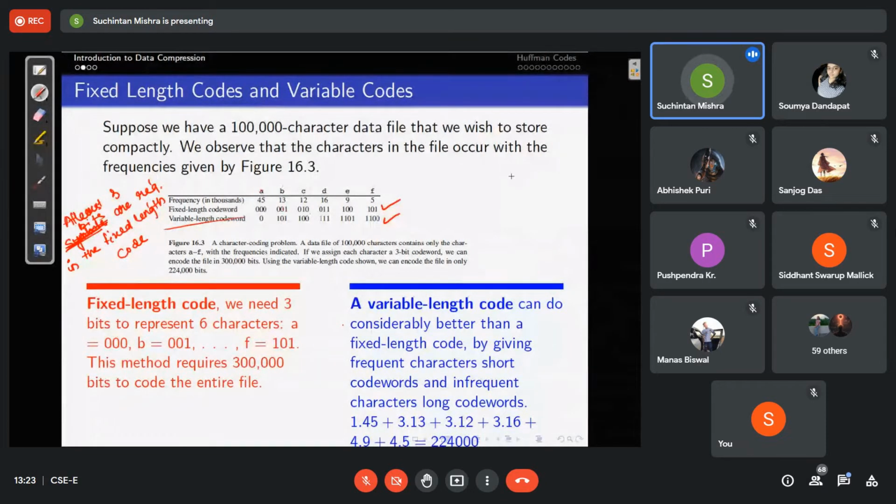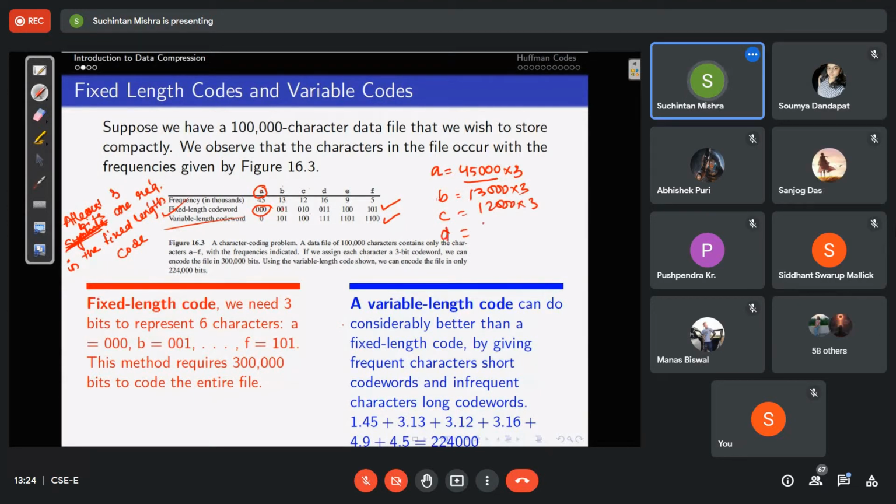Now, if I use the fixed length code, A is occurring how many times? 45,000 times. For one A, how many bits are required? 3 bits. So for 45,000 A's, it will be 45,000 into 3 bits. For B, it will be 13,000 into 3 bits. For C, 12,000 into 3 bits.